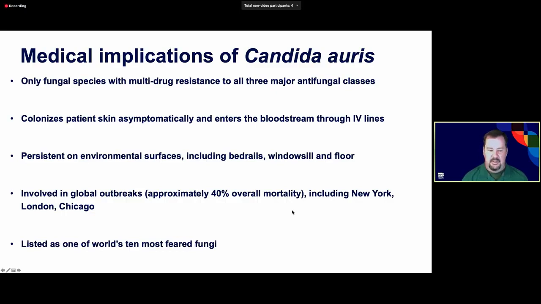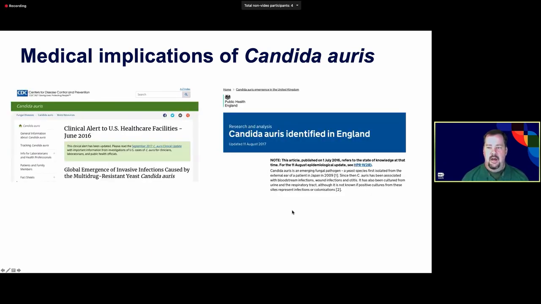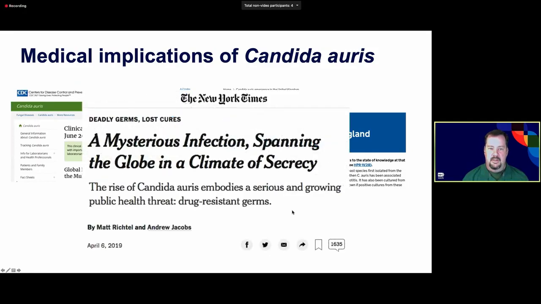And then the last point here, it's listed as one of the world's 10 most feared fungi, even though it's only been really studied for the last few years. These are just some more notes on both medical and popular literature on this organism.